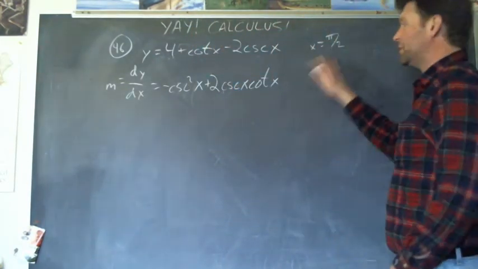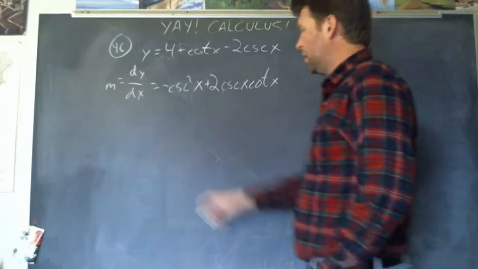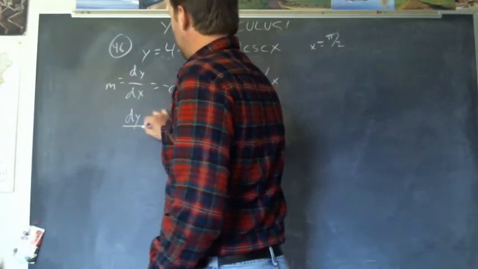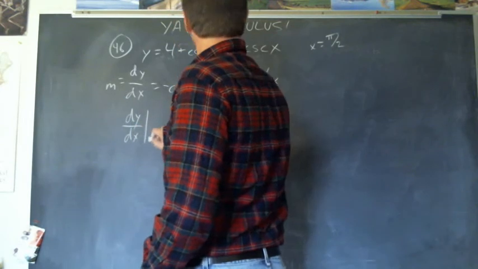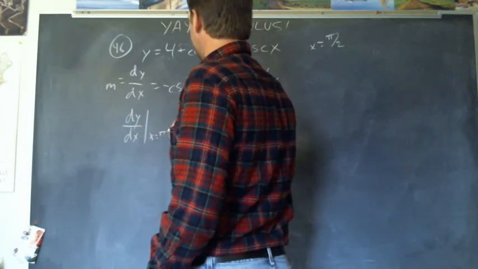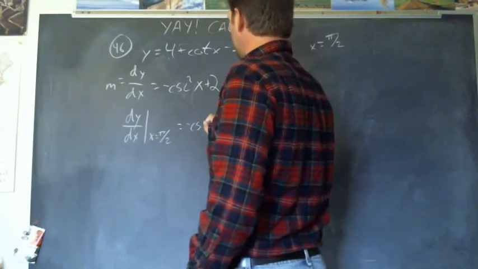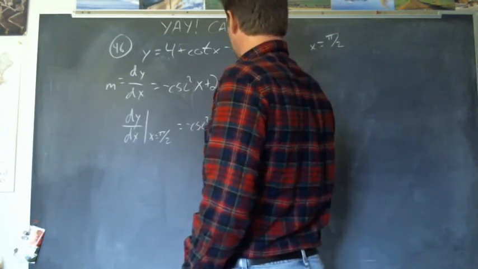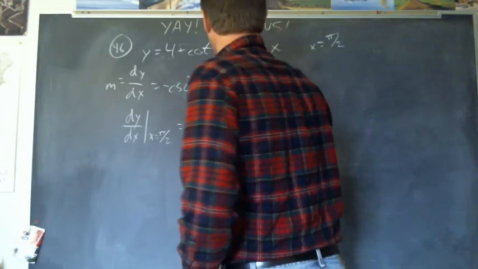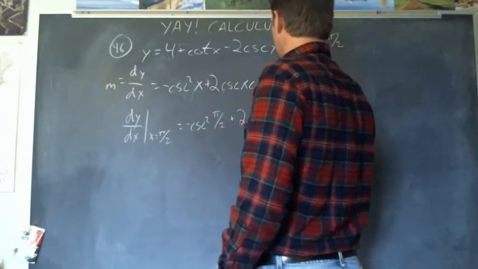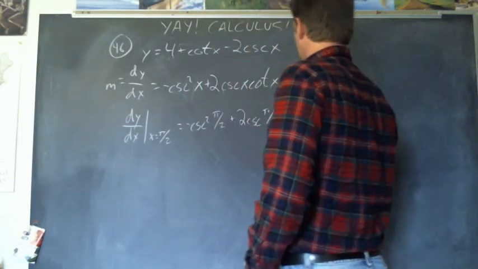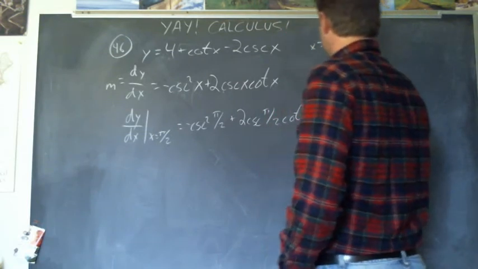So at x equals pi over 2, we'll evaluate our slope. So our first derivative evaluated at x equals pi over 2 is going to be negative cosecant squared of pi over 2 plus 2 times cosecant pi over 2 cotangent pi over 2.